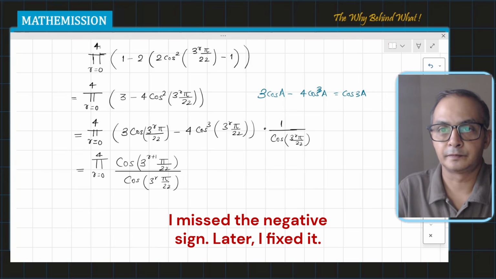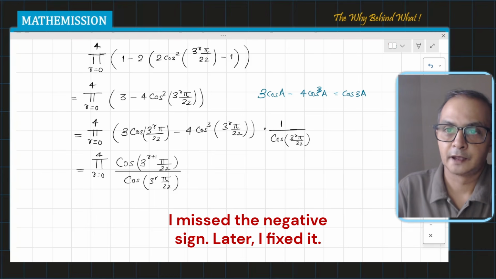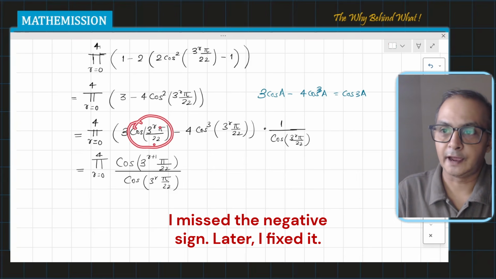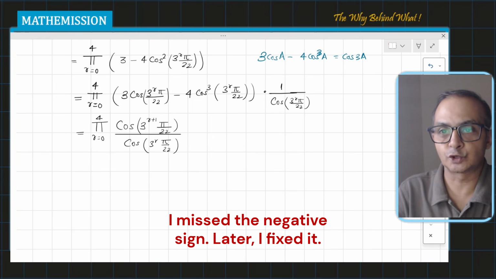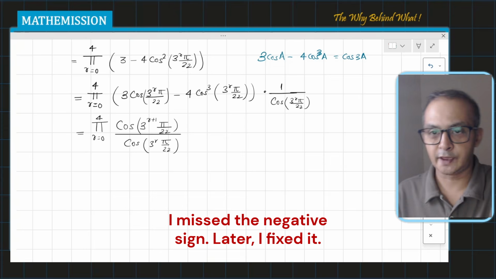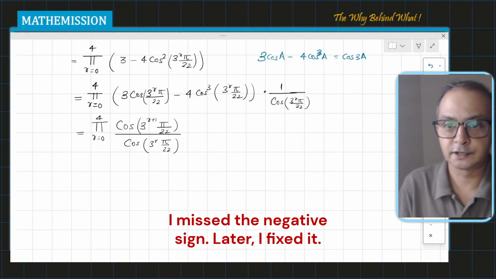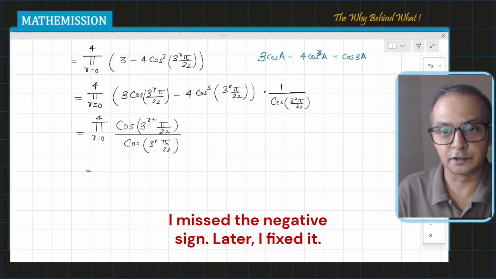For that purpose I am going to multiply and divide by this. I have multiplied by cosine 3 to the power r pi by 22 and divided by the same quantity. So this will turn into cosine 3a, that means cosine 3 to the power r plus 1 pi by 22, and this is already there. After this we can open this product and see what are the consequences.